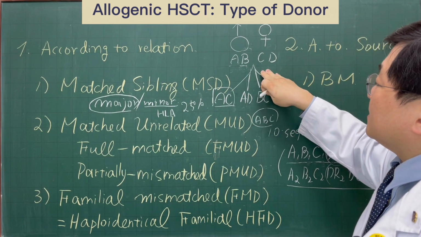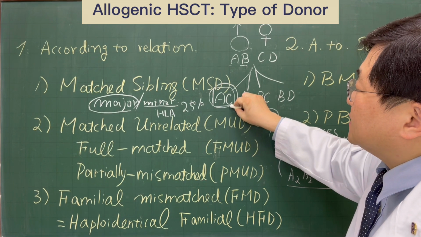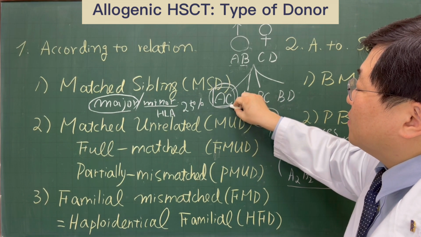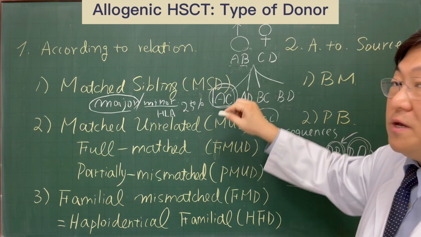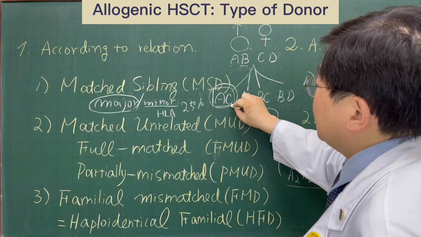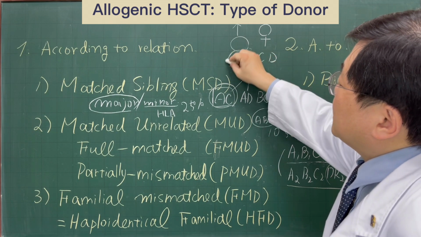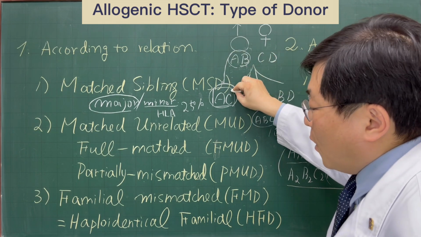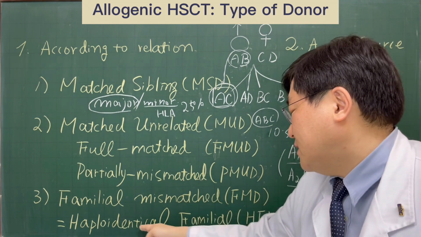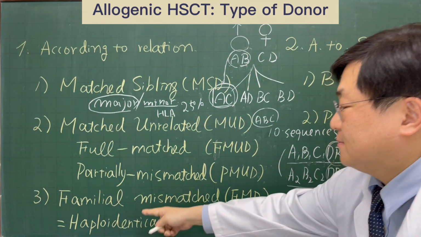So basically, when a patient is diagnosed with a hematopoietic disease, including acute leukemia or aplastic anemia, the relationship between the parents and offspring will always be haploidentical.